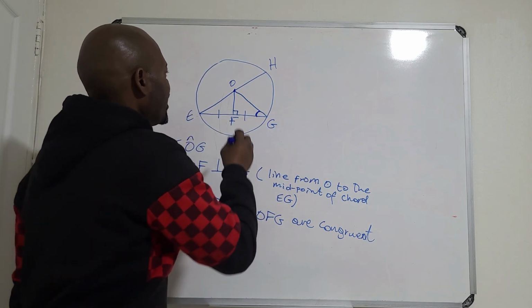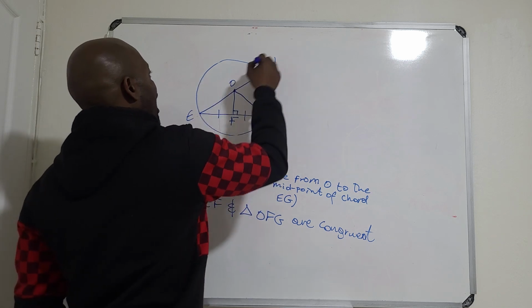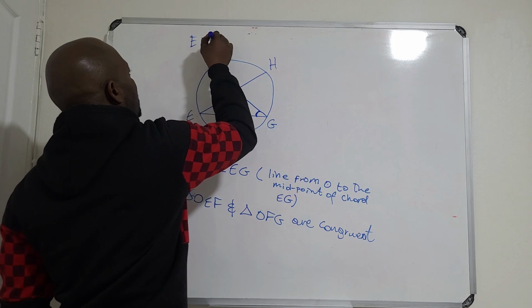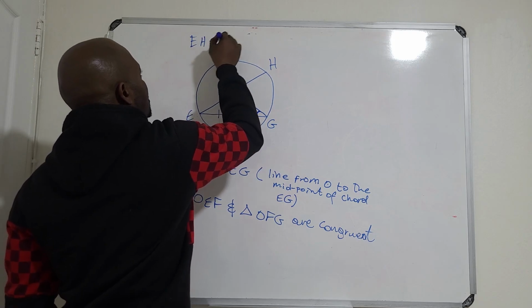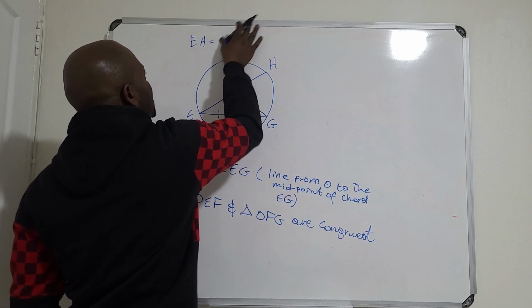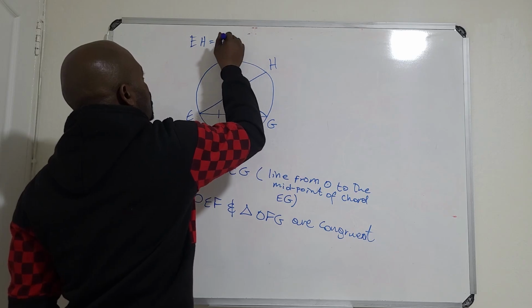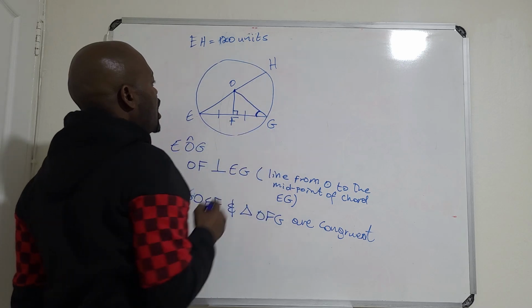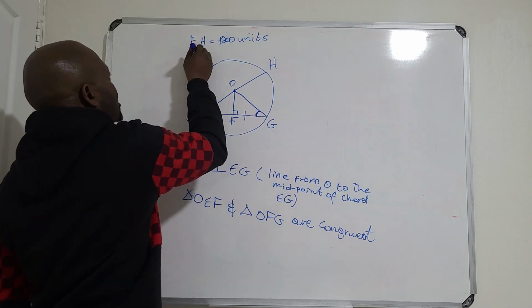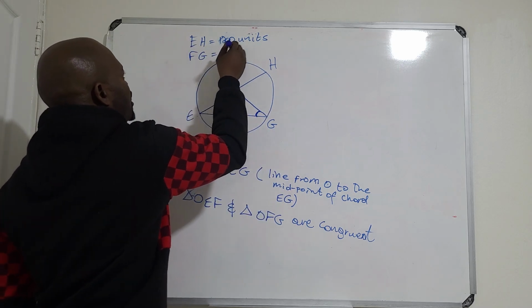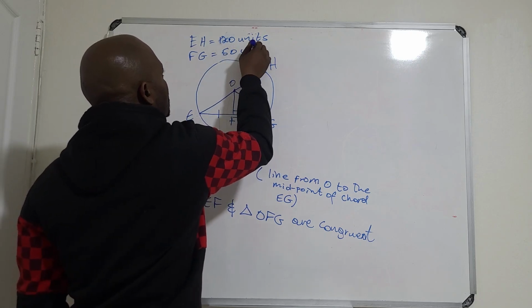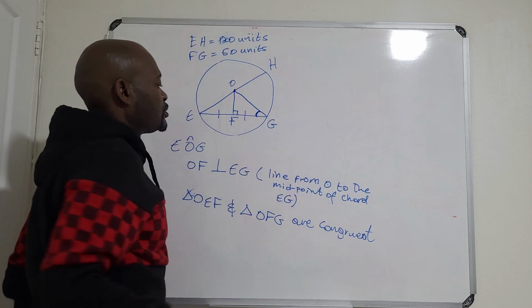We were also given that EH is equal to 120 units, and we're also given that FG is equal to 50 units.